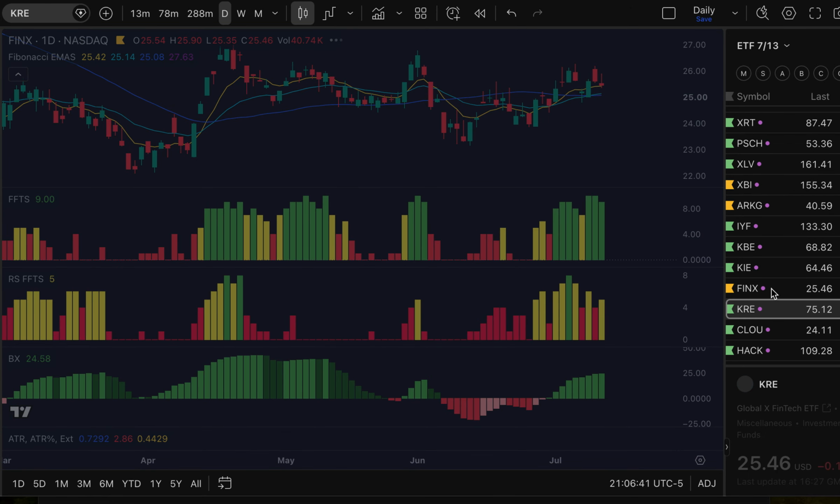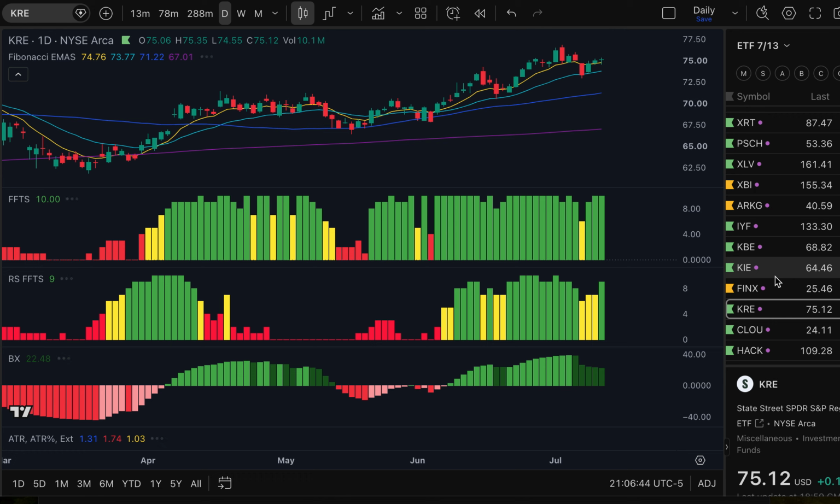KRE, this is a regional bank ETF. 10 out of 10 on the trend, 9 out of 10 on the relative strength trend, and positive momentum. So a lot of these financial ETFs are looking really good with trend and momentum.